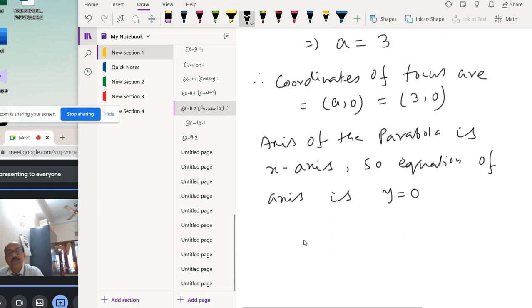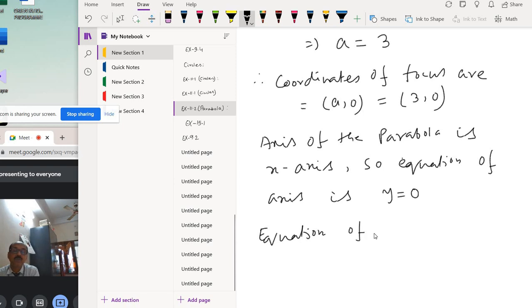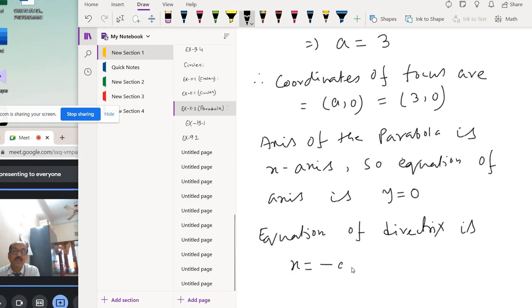Then after that, the equation of the directrix. Actually the formula is x equal to minus a.